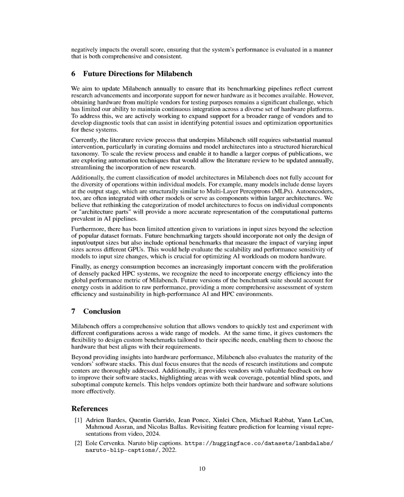This rigorous validation process, combined with the hierarchical taxonomy created for domains and models, ensures that the benchmarks in Milabench accurately reflect the research landscape at Mila and are effective for benchmarking GPU performance.